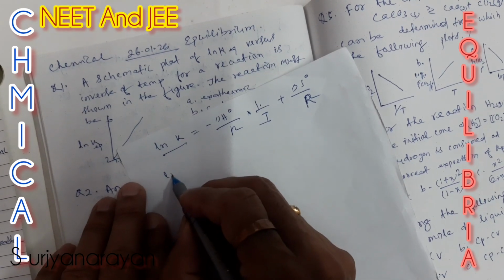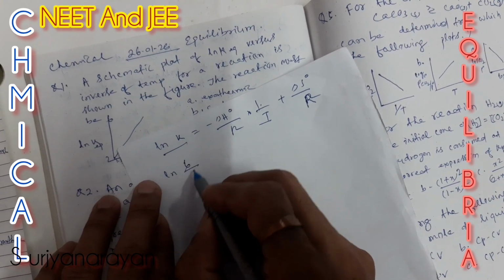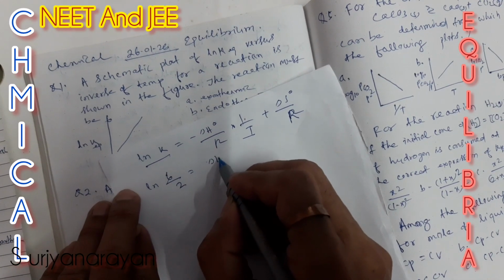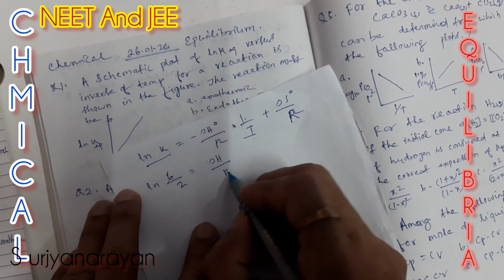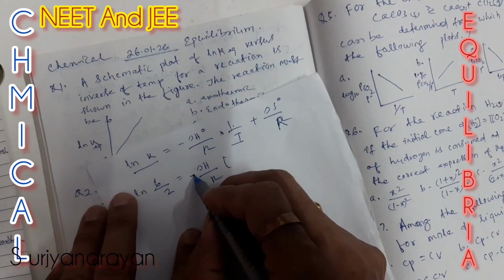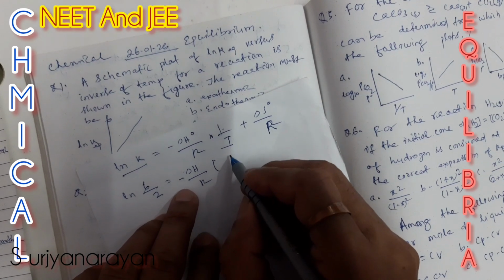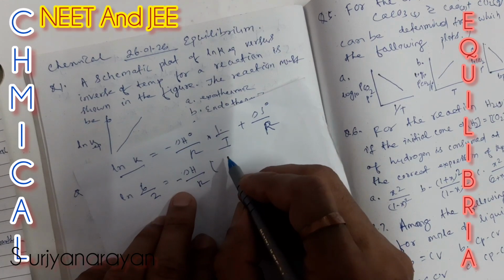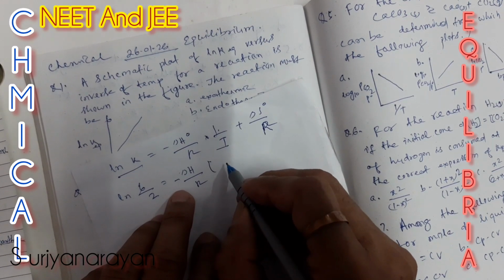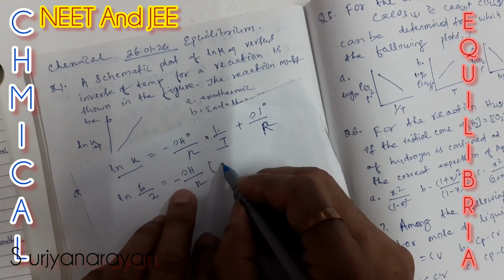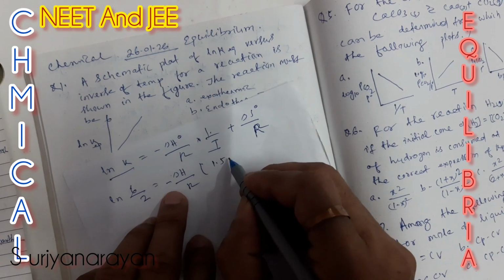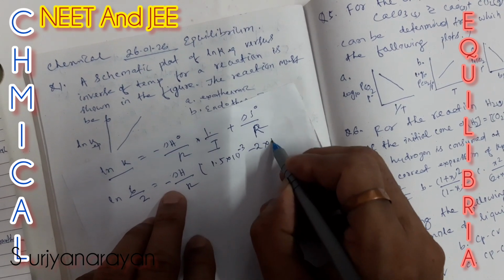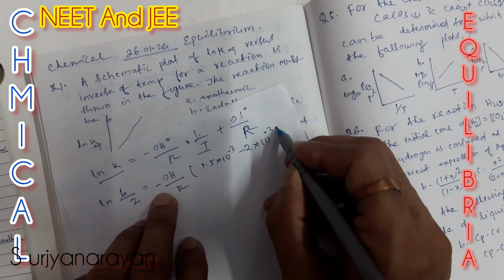So ln K, 6 by 2, is equal to delta H by R. This is the minus sign, and this is your 1 by T. So you will get the range 1.5 times 10 to the power minus 3 to 2 times 10 to the power minus 3.